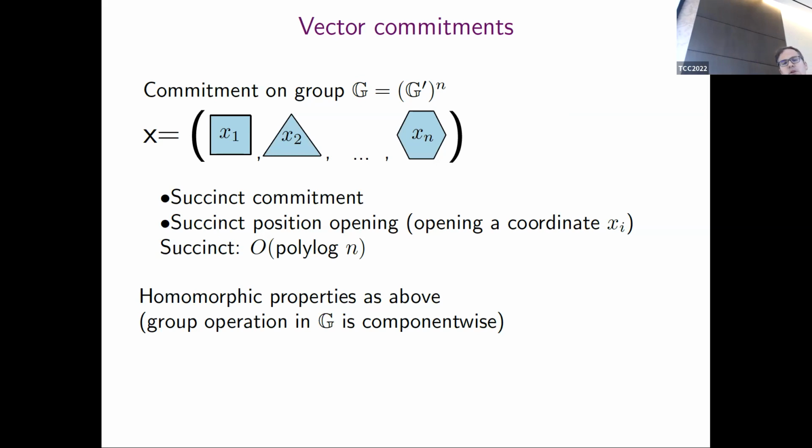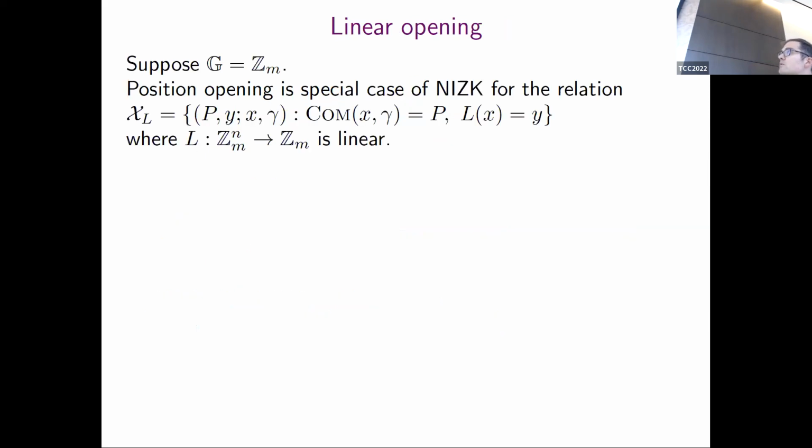Namely, we want the commitment to be succinct, so it should not grow too much with the length of the message we commit to. We also want to open individual coordinates of the vector in a succinct way. For us, that will be polylog n. That's what we will get.